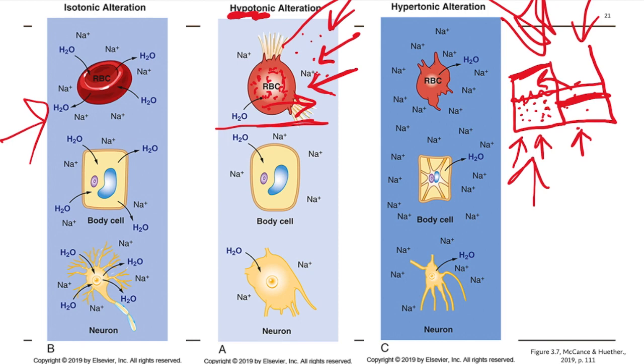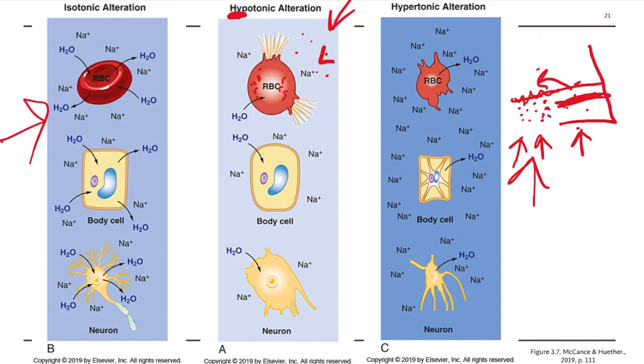As soon as you have that gradient, where you have very low osmolality on one side and normal or higher osmolality on the other, the body is going to say, we have to fix this. We have to even this out and create a balance. It's going to move the water to dilute the area that has a higher concentration of solute. We'll talk about it more later. So hopefully that makes sense.